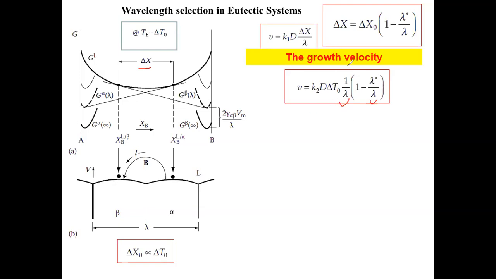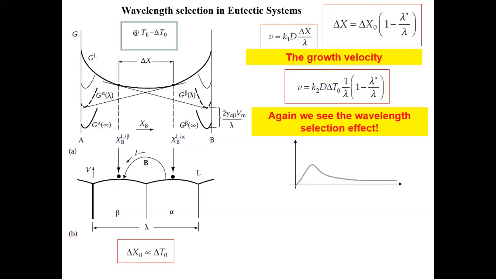So if this is physically understandable, let's move forward. I think the next step is that because we know there is a competition set up here, and because of this particular mathematical form, there's going to be a local maximum for the growth velocity, right?